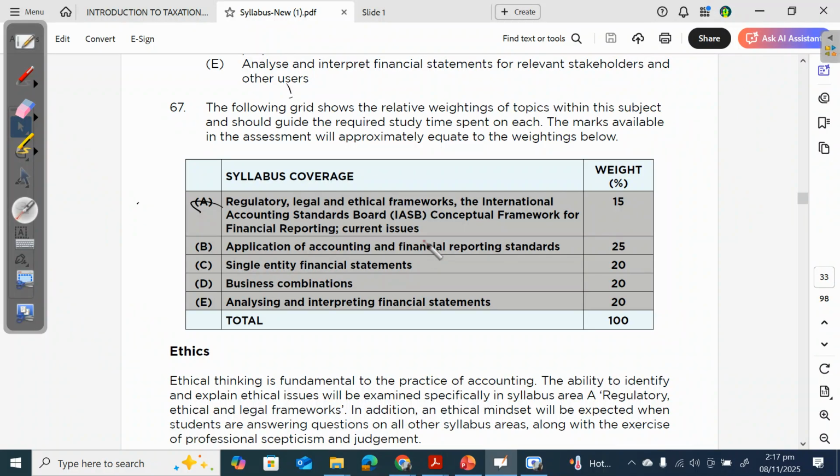Do you get it? So we need to focus on the standards, the accounting standards, in order to pass. So that is the breakdown of the syllabus.